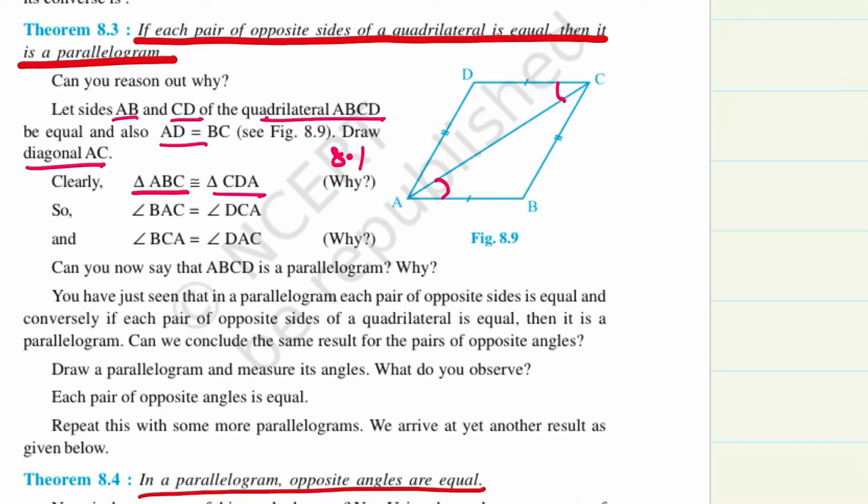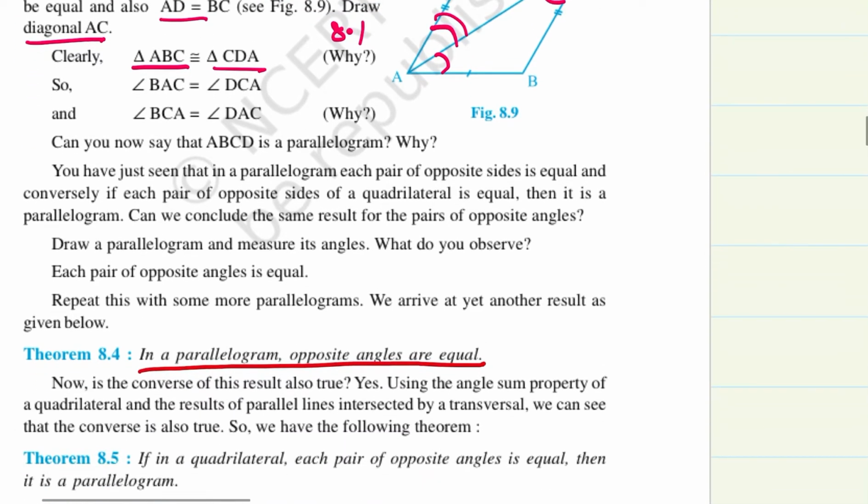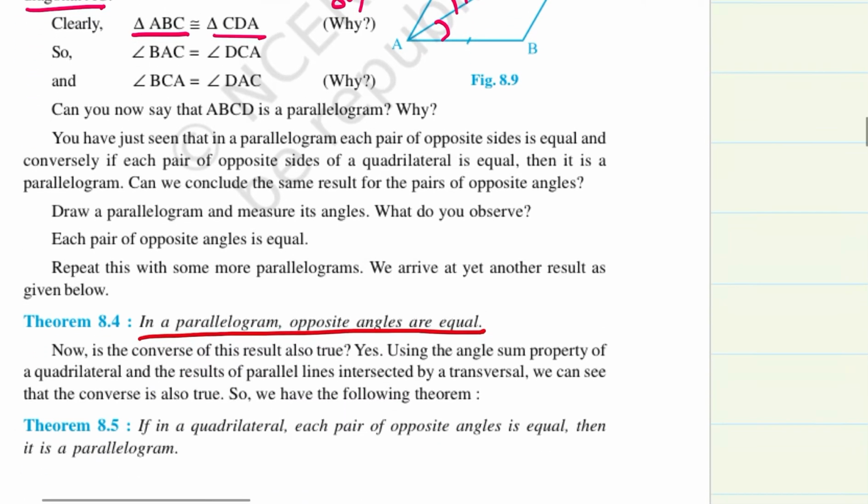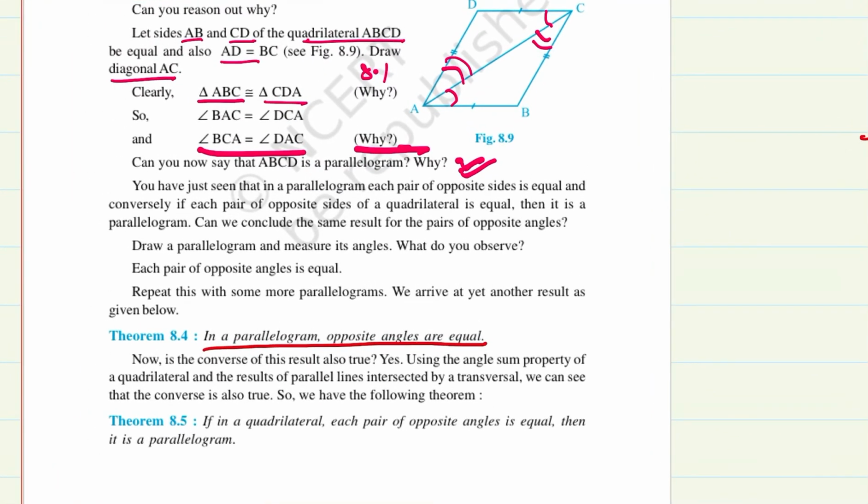In the same way, angle BCA and angle DAC, these two are congruent. So can you now say that ABCD is a parallelogram? Yes, because its opposite sides are parallel, as these are alternate angles, and if alternate angles are equal, the lines corresponding to these alternate angles are parallel.